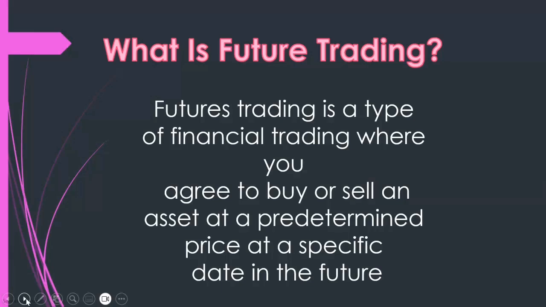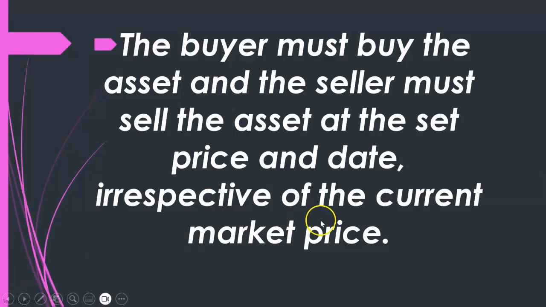I want to believe this is very clear, right? So this is the condition that is very, very key, right? The condition states that the buyer must buy the assets and the seller must sell the assets at the set price and date.